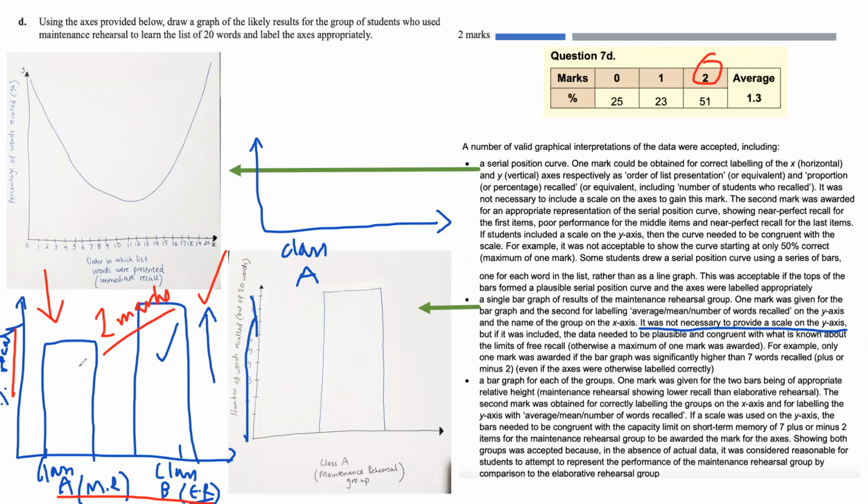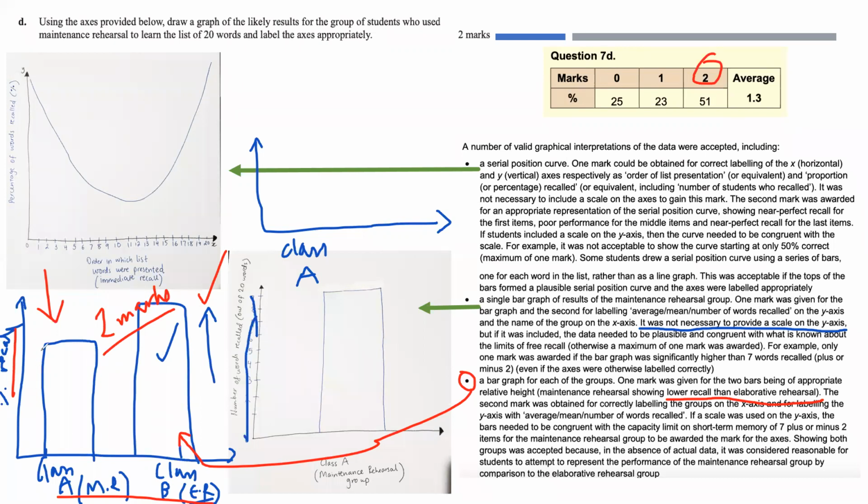So this option that I've just drawn here, guys, is the third dot point that VCAA have put, where they say that some students drew a bar graph for each of the groups, and they showed that maintenance rehearsal showed lower recall than elaborative rehearsal. We can see that here because this maintenance rehearsal bar is shorter than the elaborative rehearsal bar.